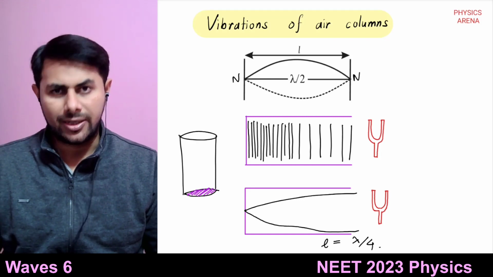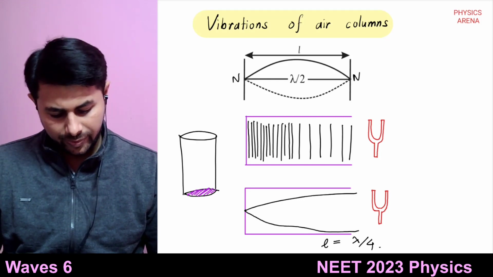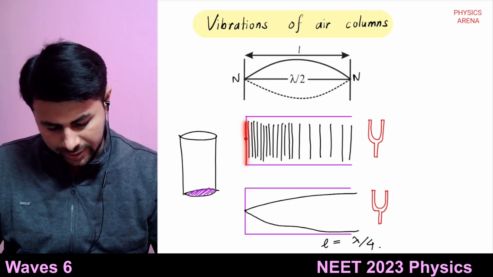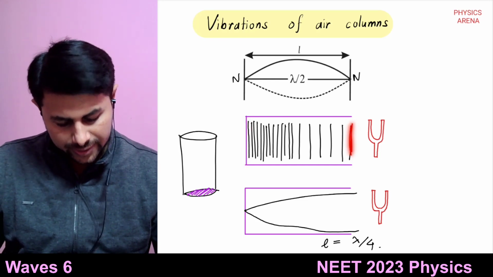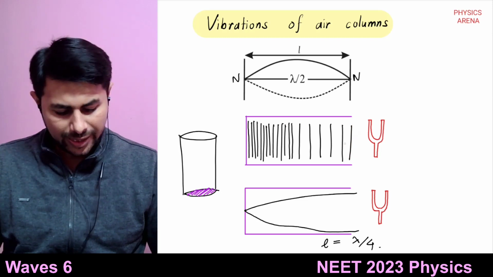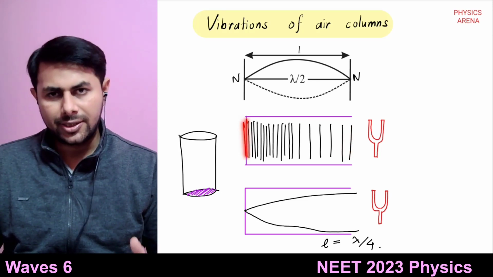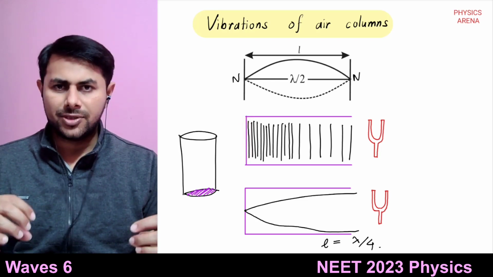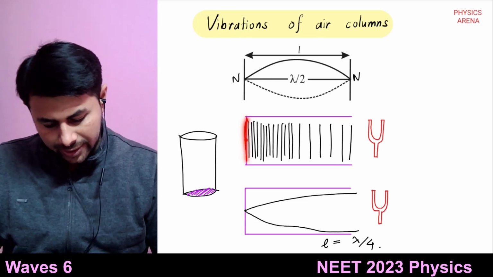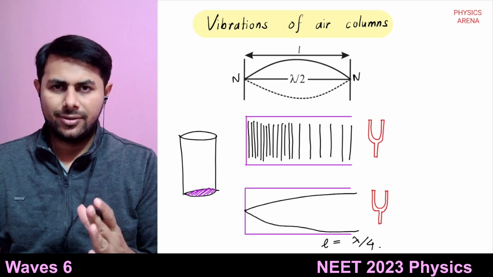The reason is this is the closed end, this is the free end. Particles can vibrate here with maximum amplitude, and because this end is closed, in case of a stationary wave, particles won't be able to vibrate much, right?